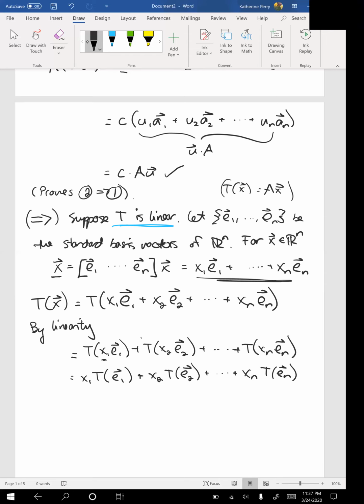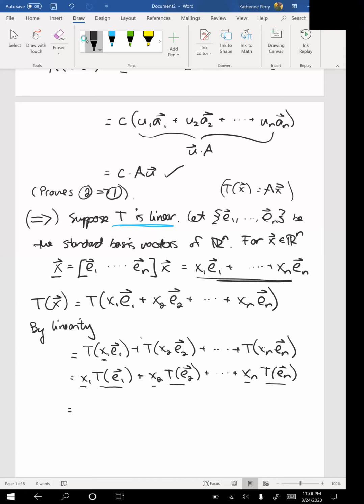But notice this right here is a vector, this right here is a vector, this right here is a vector, and I can collect all of those vectors in a single matrix, and they're all multiplied by these constants, aka the vector x.